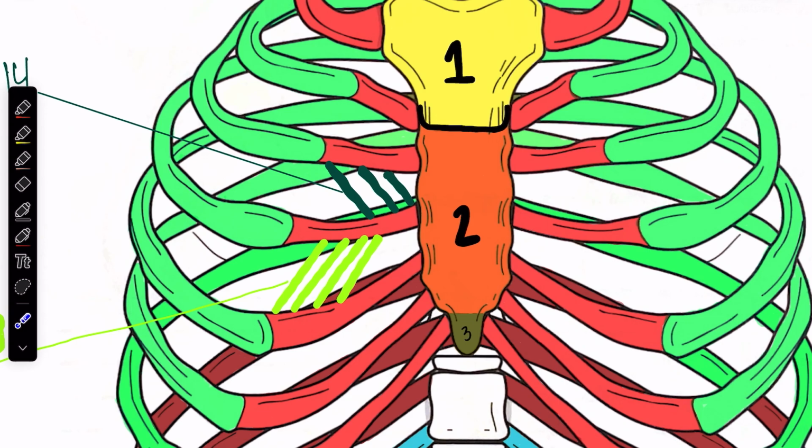I want you to put your fingers close together, and put your hands in your pockets. Putting your hands into your pockets is a perfect representation of the way that the external intercostal muscles fit into the ribs.